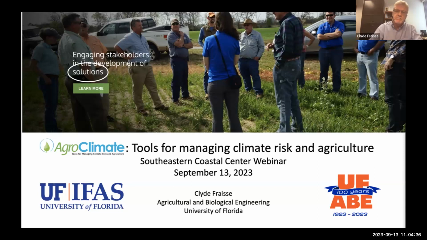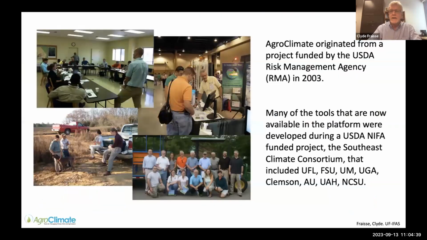In fact, we started AgroClimate a long time ago. I was thinking, preparing for this webinar, back in 2003, 2004. Actually, the first version of this website was launched in 2005.